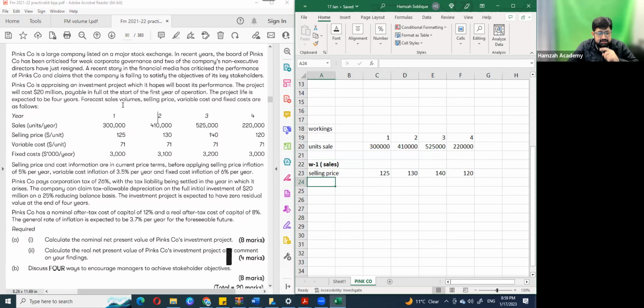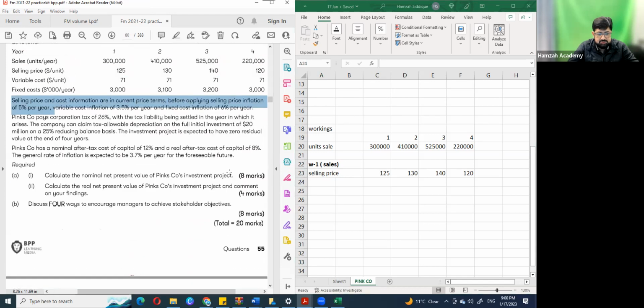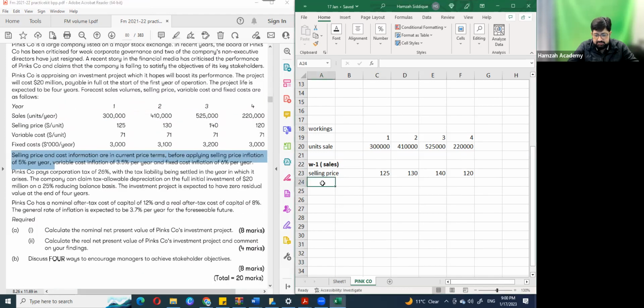They say selling price and cost are in current price terms, and selling price specific inflation is 5% per year. So inflated selling price. Focus, everyone. They say it is 5% per year.